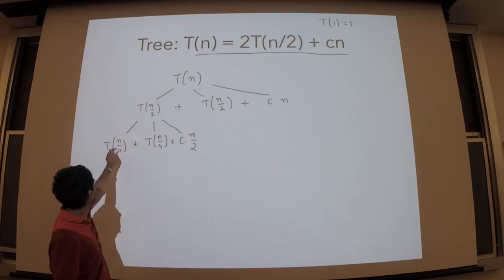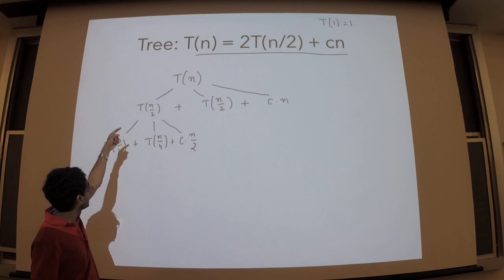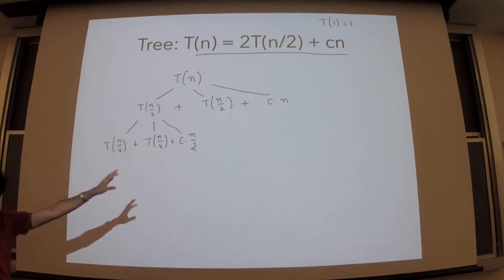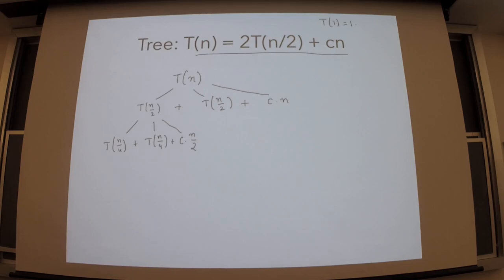So n by 2 divided by 2 is n by 4, and the same here. Is this clear so far? And you have the same thing out here. And Cn is just Cn.